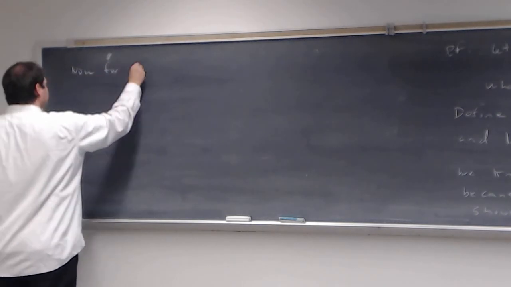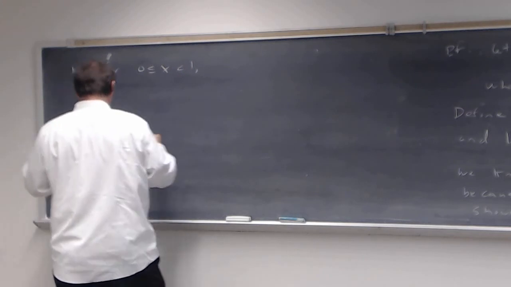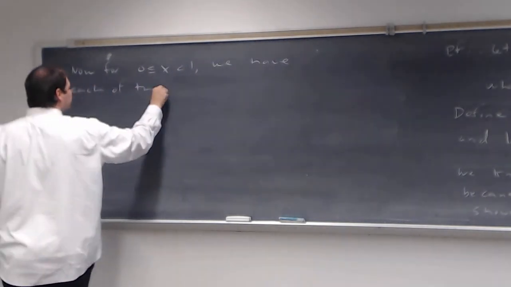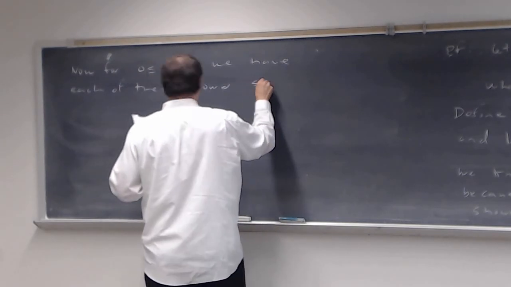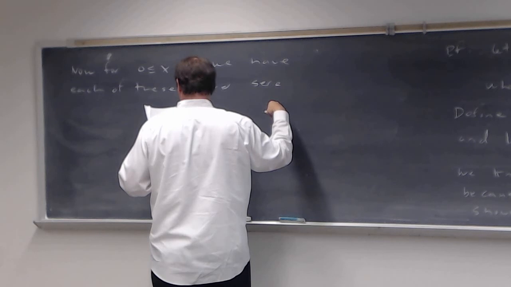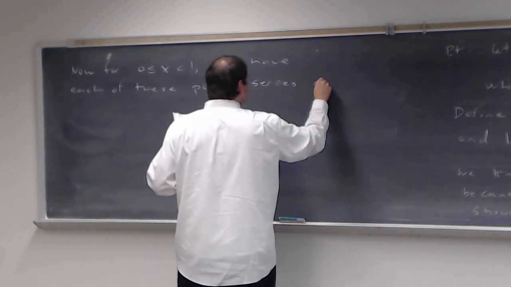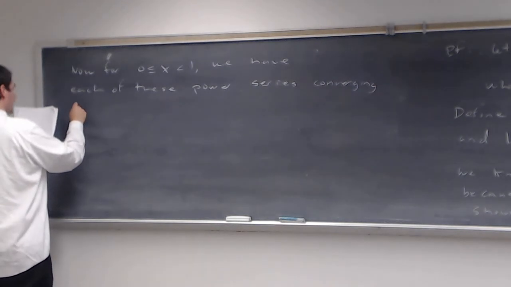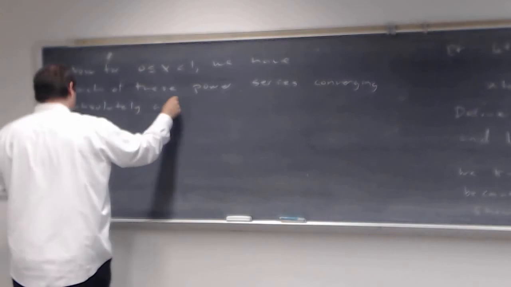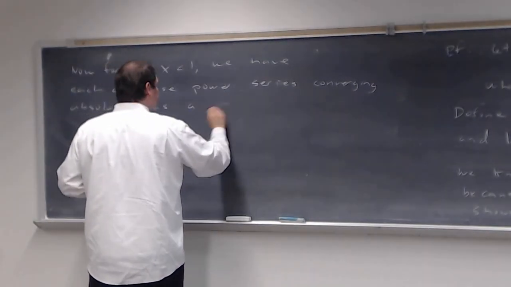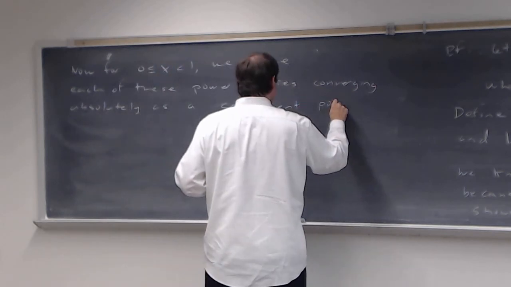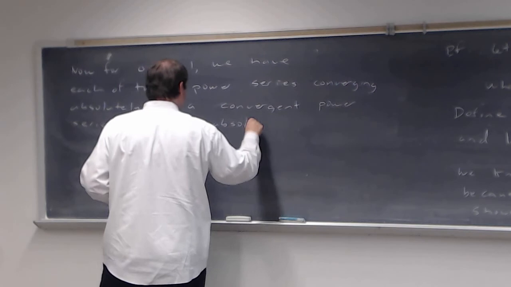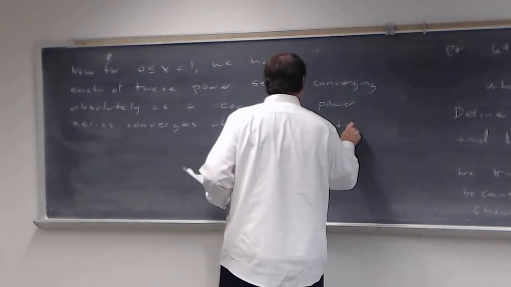Now, for 0 less than or equal to x less than 1, we have each of these power series converging absolutely, as a convergent power series converges absolutely in its radius of convergence.